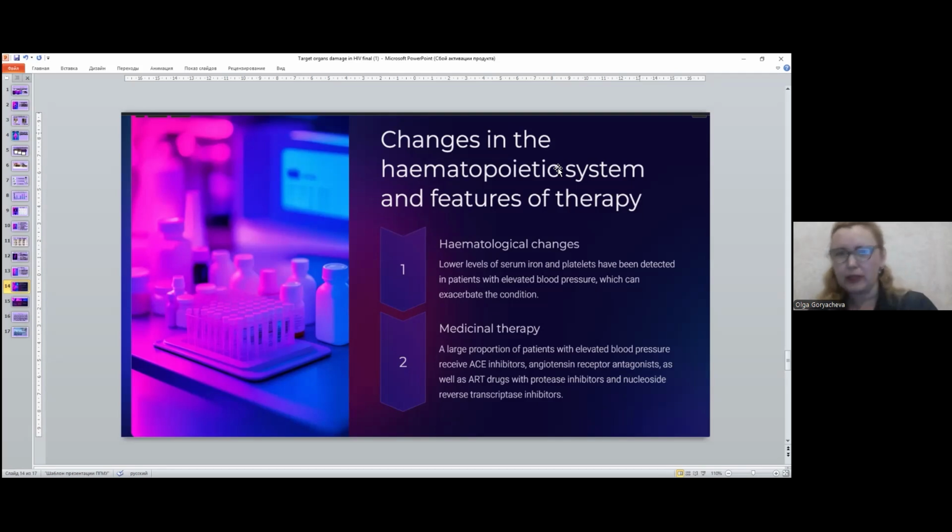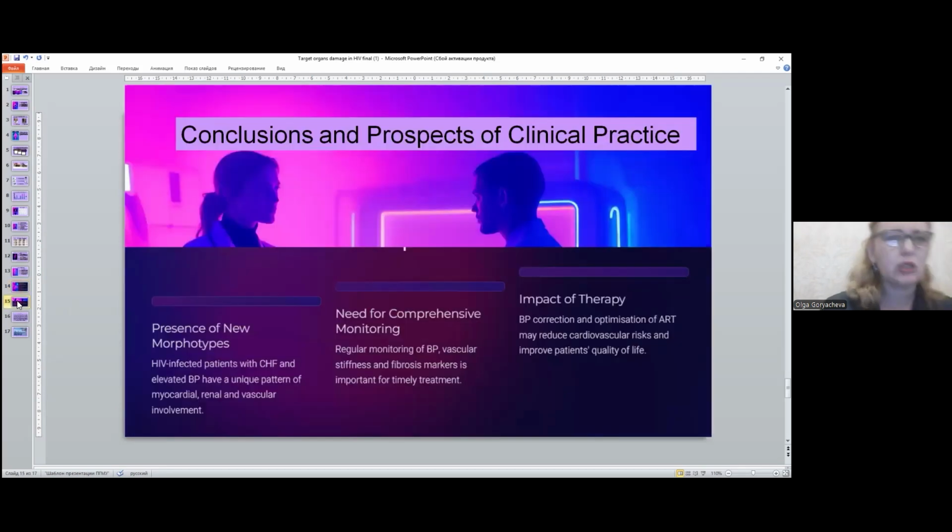I say this about ART drugs, not about ACE inhibitors, of course. ART drugs from these two groups may be a reason for some higher level, maybe by a few millimeters, but it may be a reason because I got quite clear difference in enough statistic analysis.